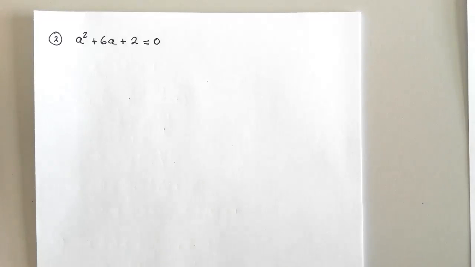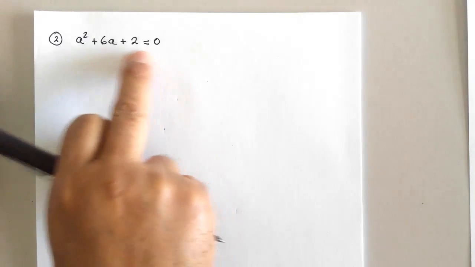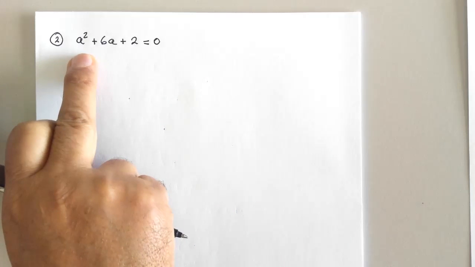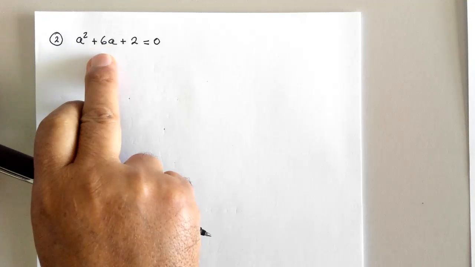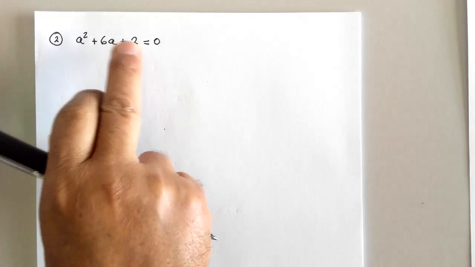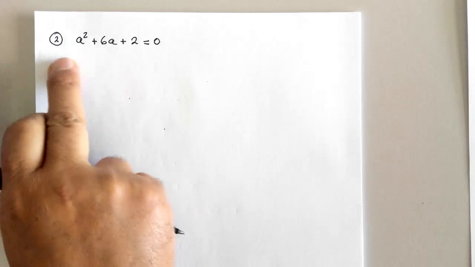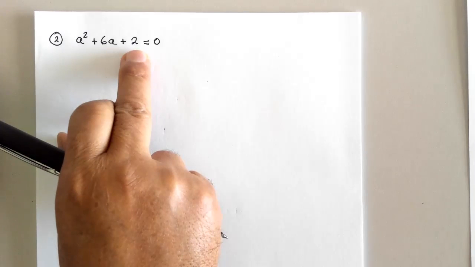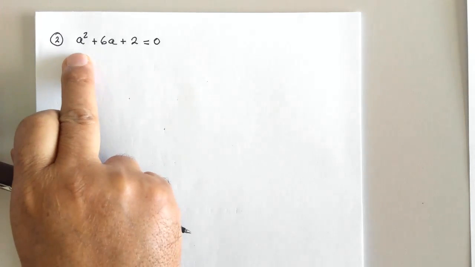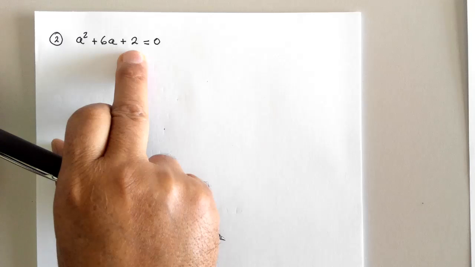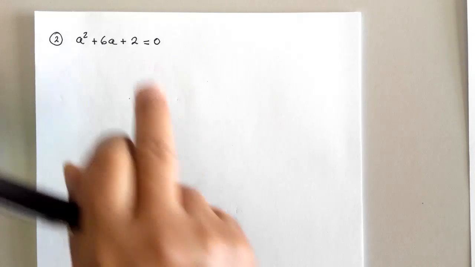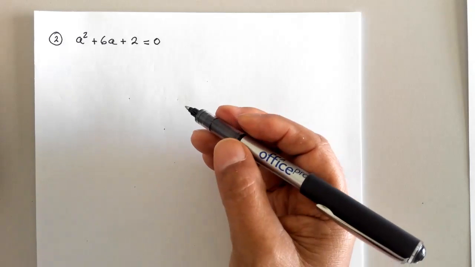Again, we cannot do factorization because we cannot find two numbers that when you times them together equal 2 and when you add them equal 6. So for that reason we cannot do factorization for this. Okay, so we could, but the answer is not going to be whole numbers or fractions as we wish.